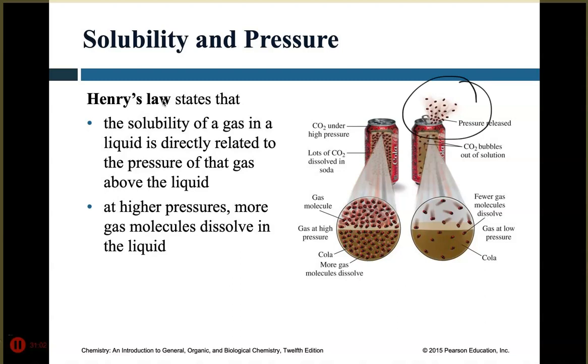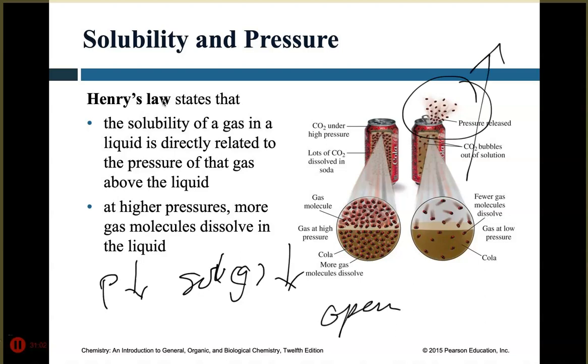And when that pressure decreases, so P goes down, the solubility of a gas also goes down. There's nothing holding it in solution, and it leaves. So think about opening a can of soda.